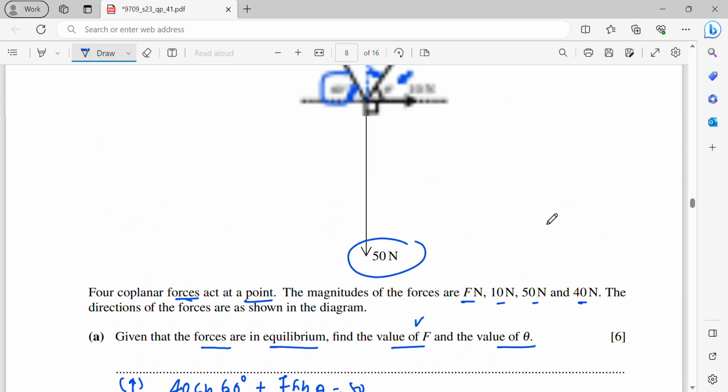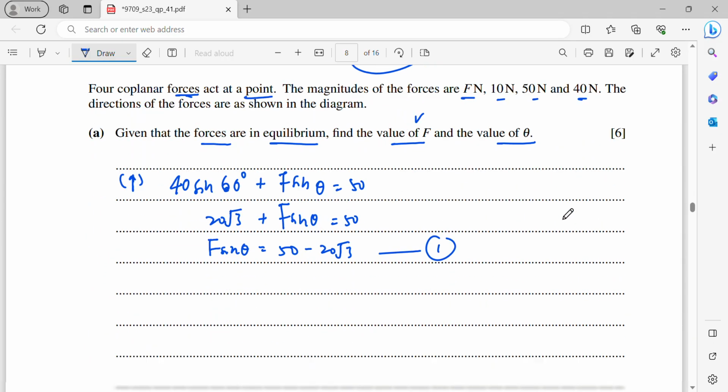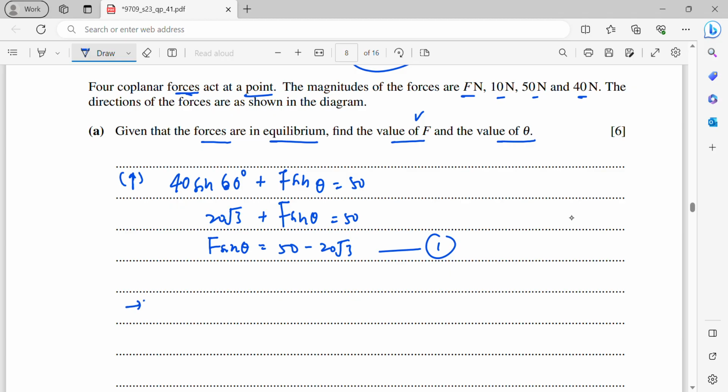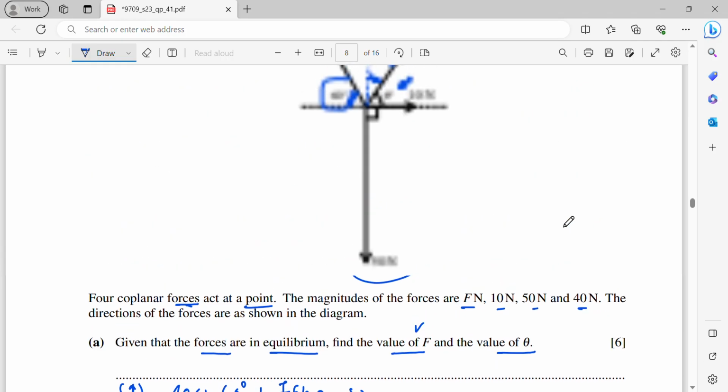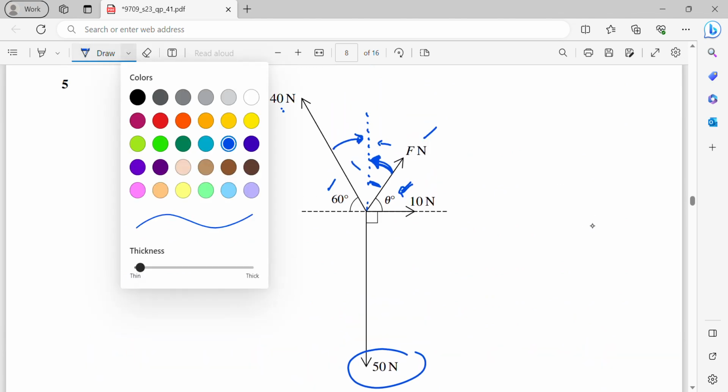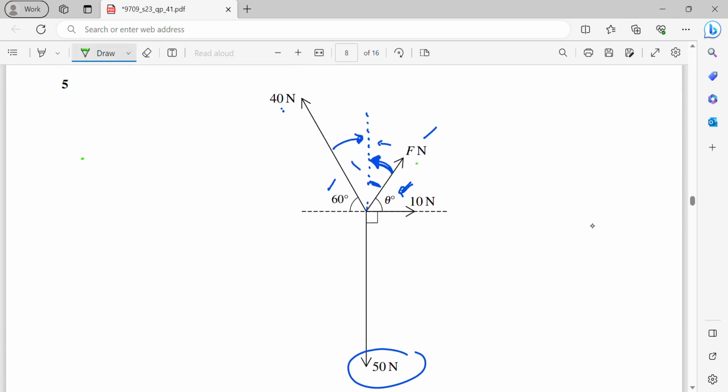Now, the second equation is you consider the horizontal force. I will consider the force to the right side as positive. So now, when I consider the horizontal force, it means that I need to move down the F newton so that it will be in the same direction as the 10, and then I will move down the 40 newton.